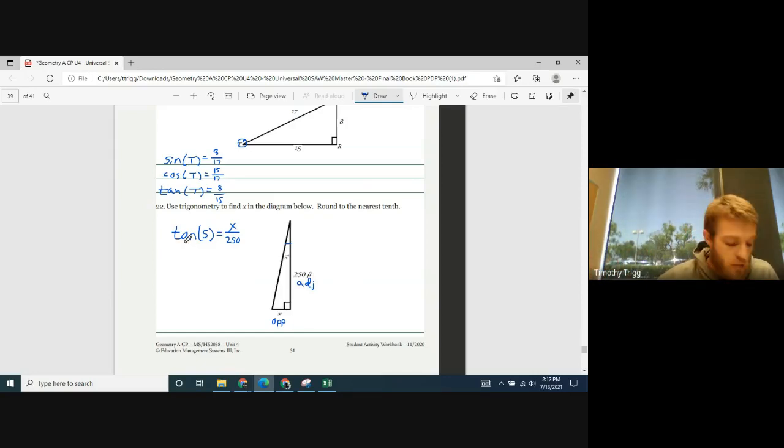So when you put tangent of 5 in your calculator, hopefully you get 0.087. And over here we have x over 250. Now, what would I do next to get x by itself? Well, whenever you want to cancel a fraction, you always multiply by the denominator. So in this case, we're going to multiply by 250, both sides.